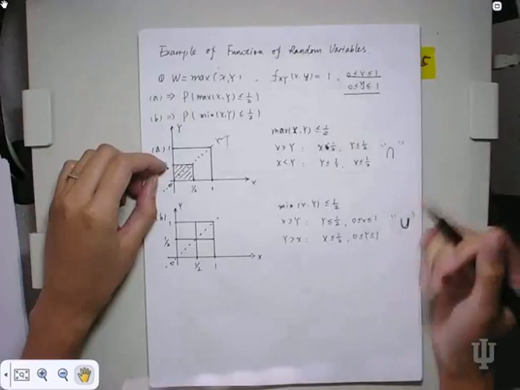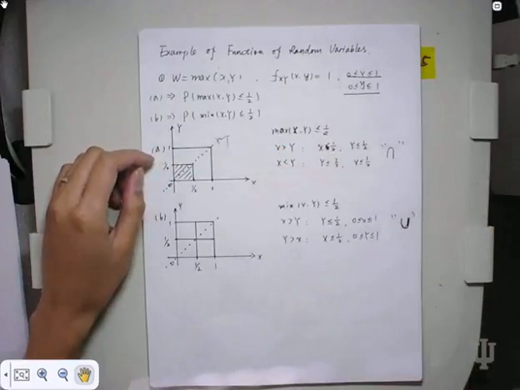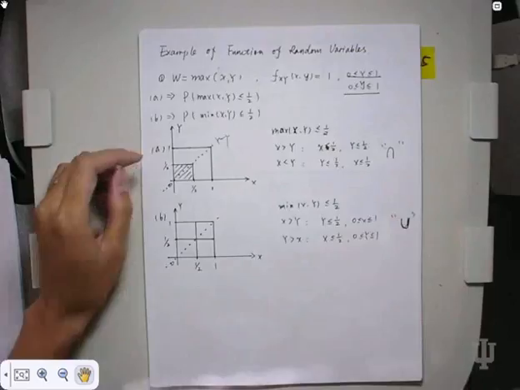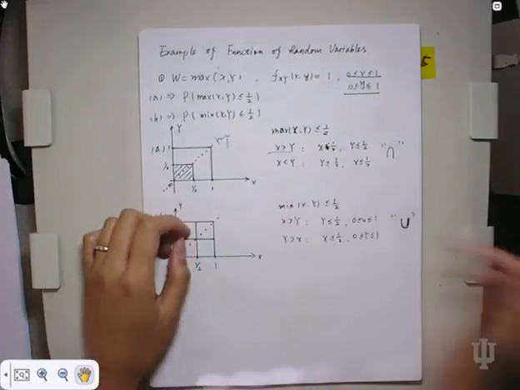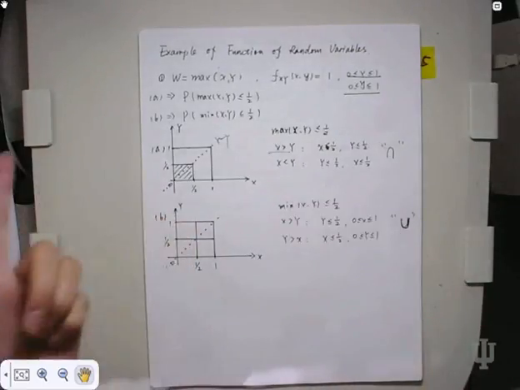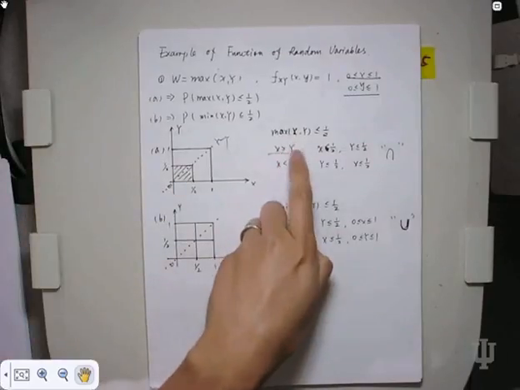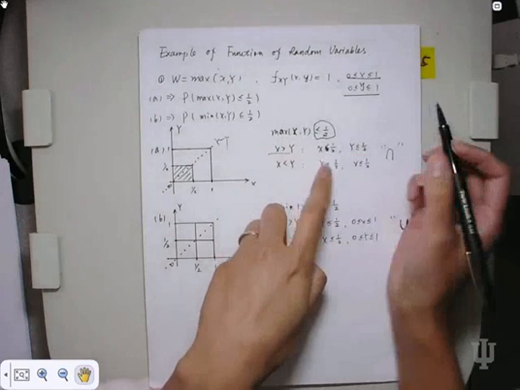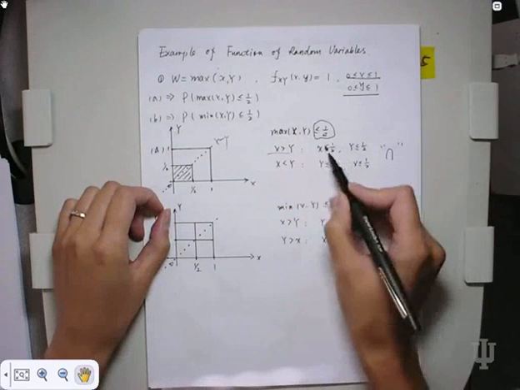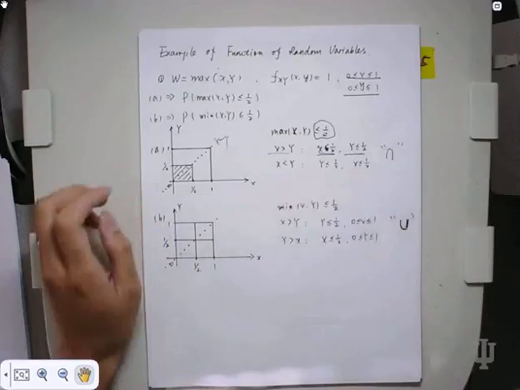Anything above this line is y greater than x. Anything below this line is x greater than y, right? When x is greater than y, x must be the maximum, the larger one, and y is the smaller one. So you have only one bound here, but it will generate two different limits for both x and y, right?